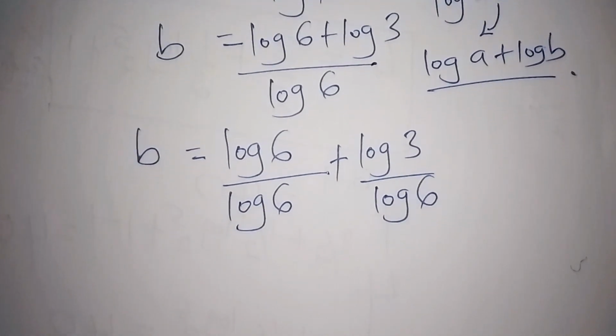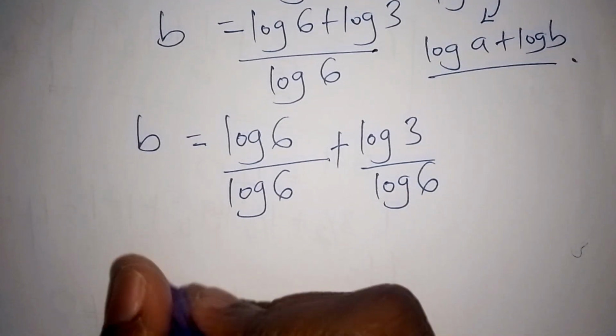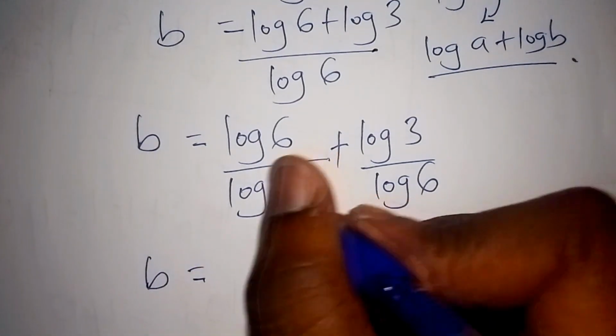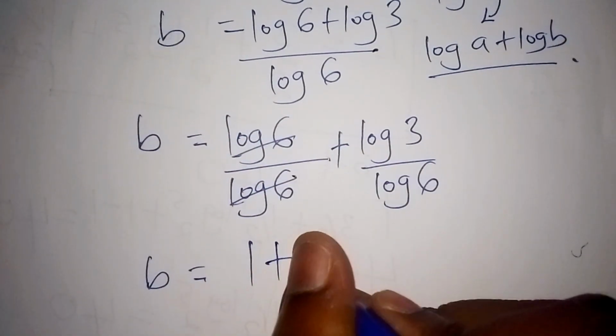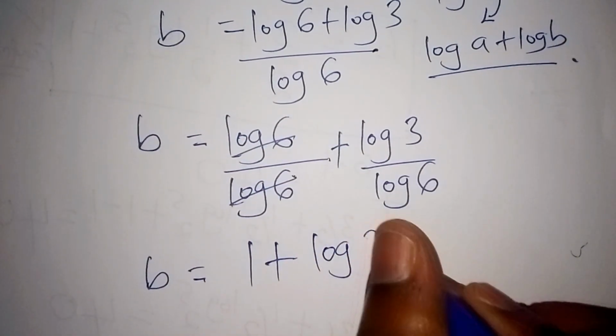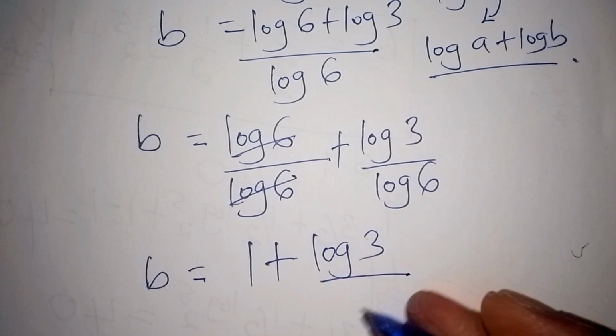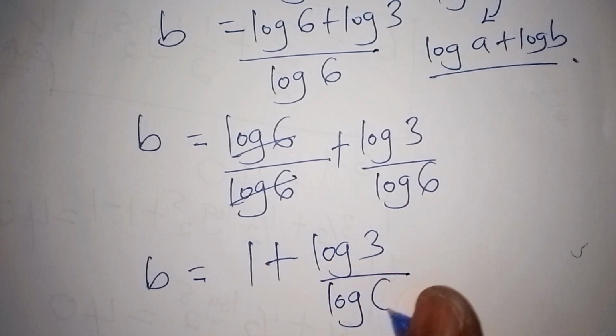So now the value for b is equal to the log of 6 over the log of 6, and the log of 6 shall cancel. Now we shall have 1 plus the log of 3 all over the log of 6.